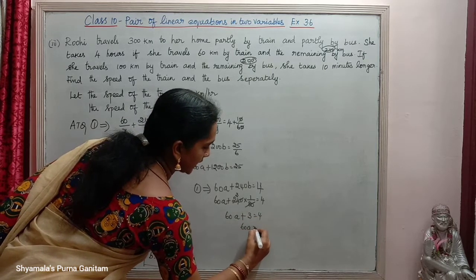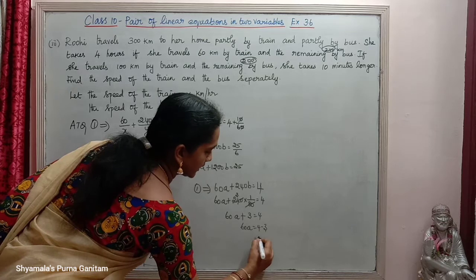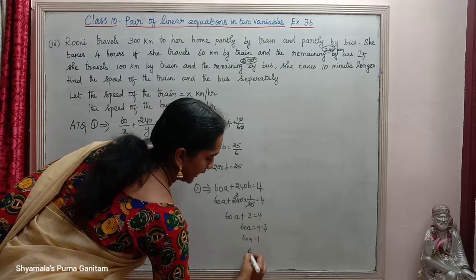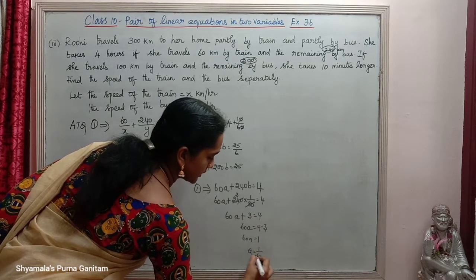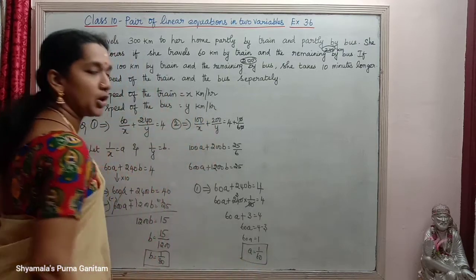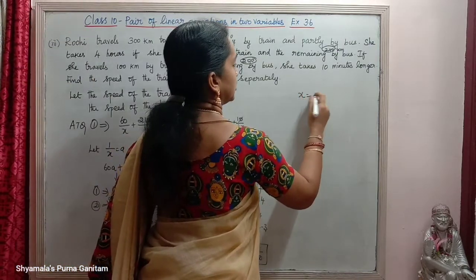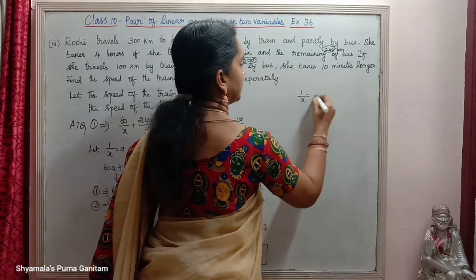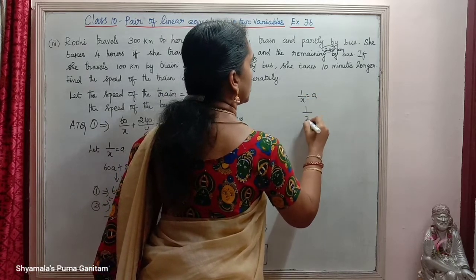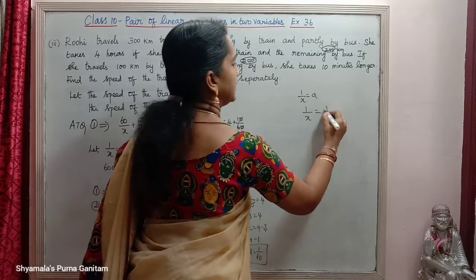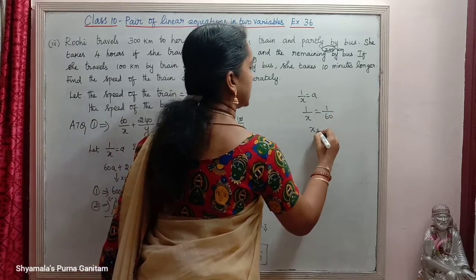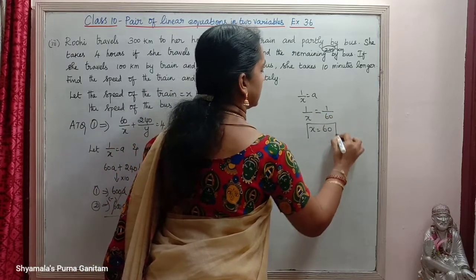So 60A is equal to 4 minus 3, that is 1. So A is equal to 1 by 60. But we want X and Y value only. So 1 by X is equal to A, and A we got 1 by 60. So X is equal to 60.